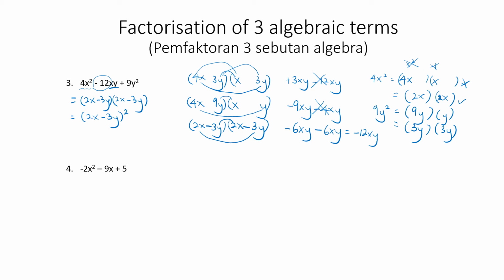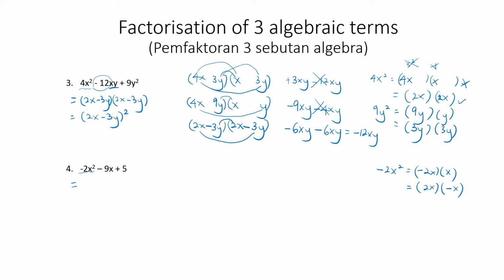Okay, for question 4, negative 2x squared can be from negative 2x multiplies with x, or 2x multiplies with negative x.